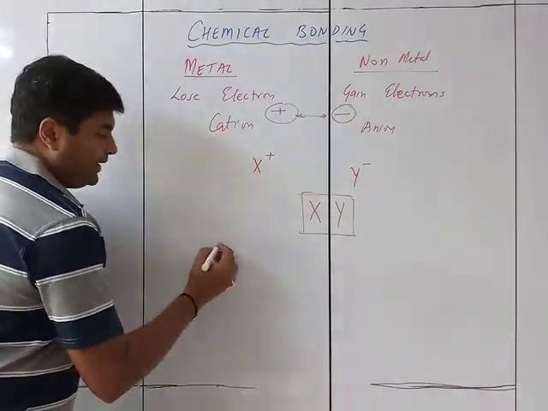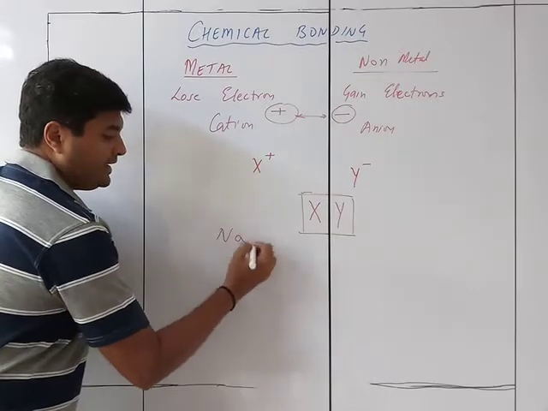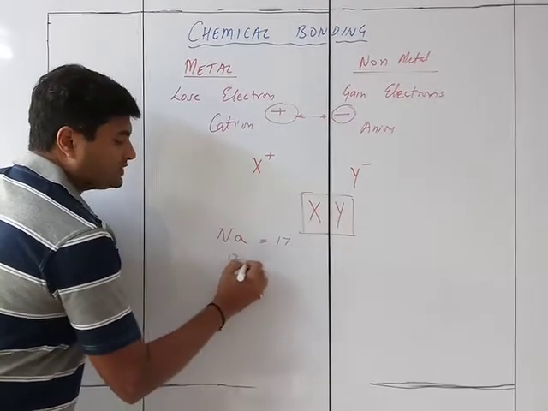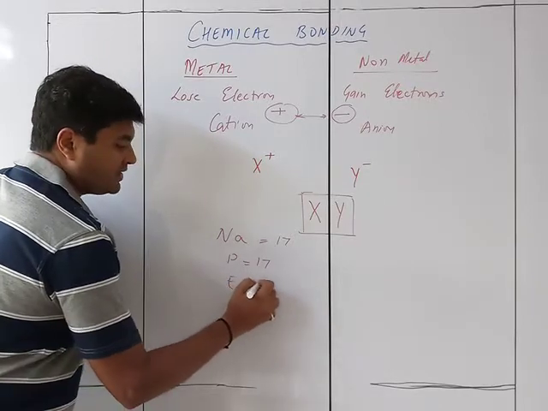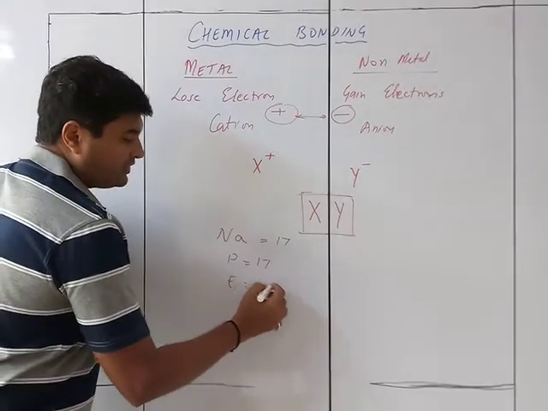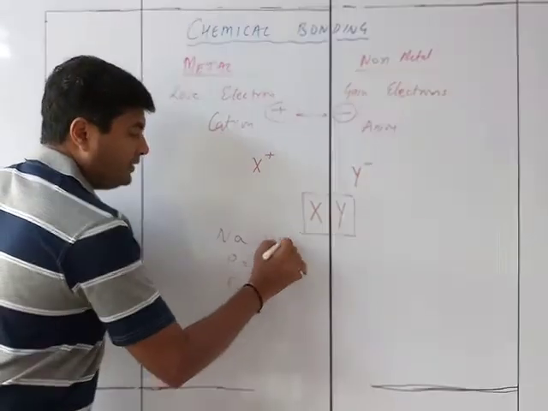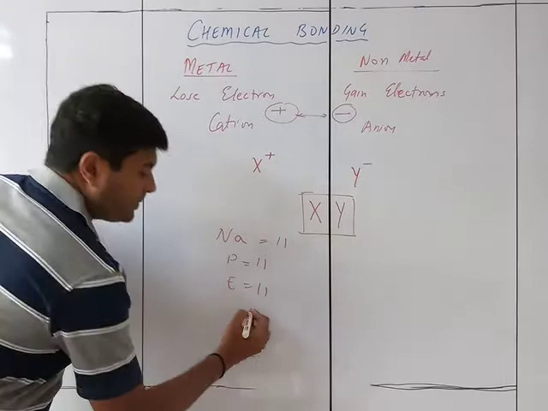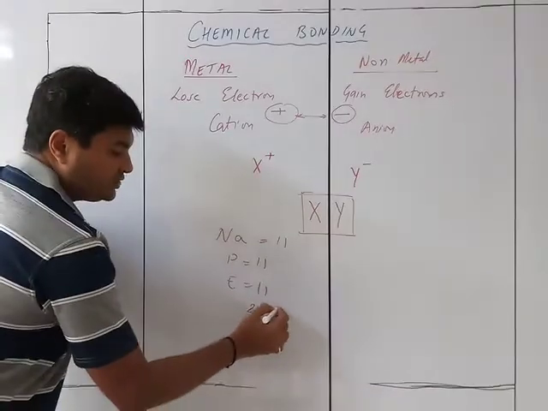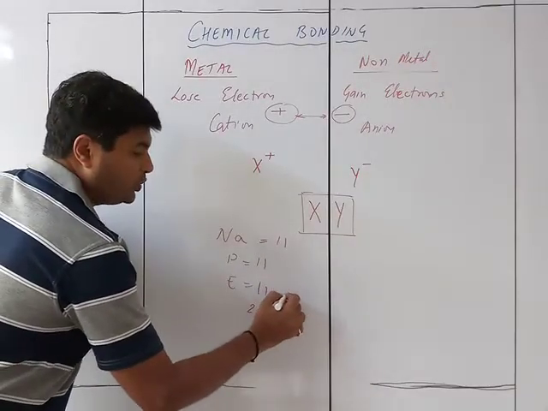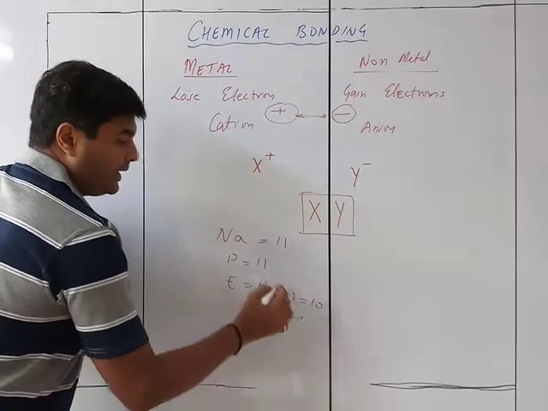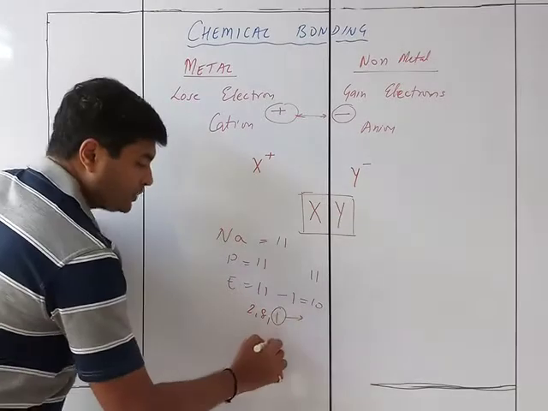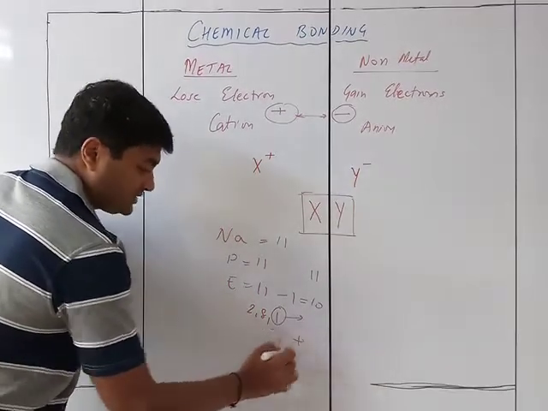For example, take sodium, that is Na, which has atomic number 11, so protons are 11, electrons are 11. This 11 is nothing but 2, 8, 1. So this 1 is going to be lost. After losing 1, it becomes 10. Accordingly, protons are 11, electrons 10. So it becomes Na plus.